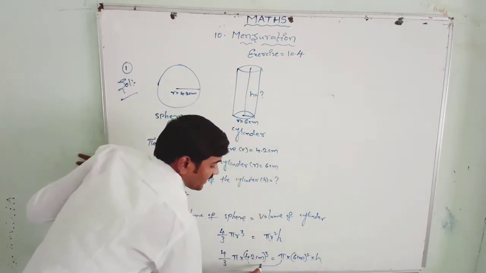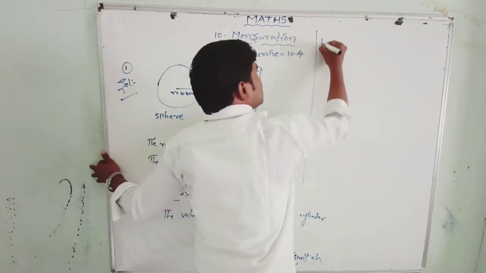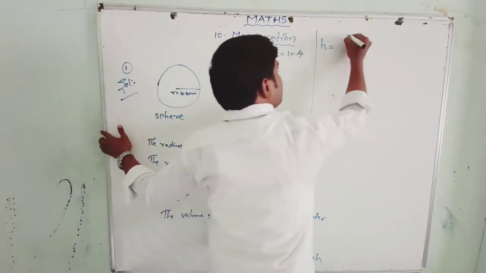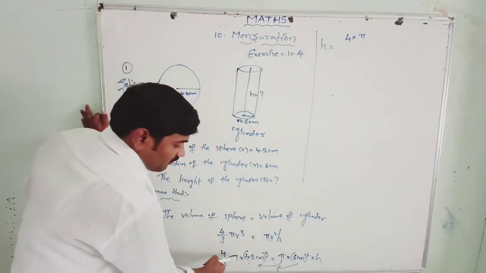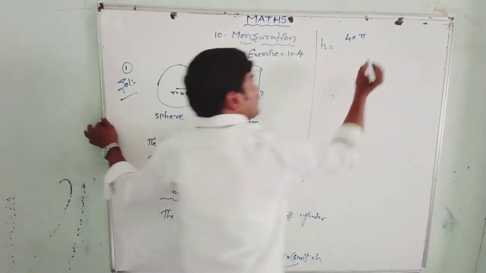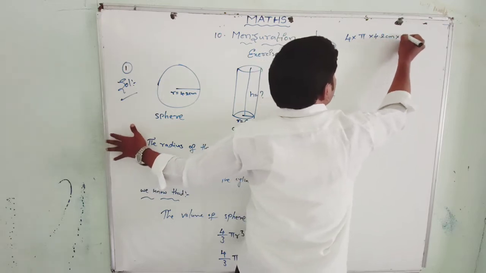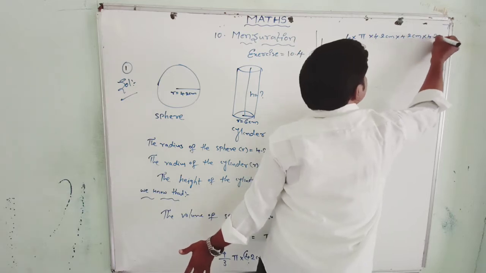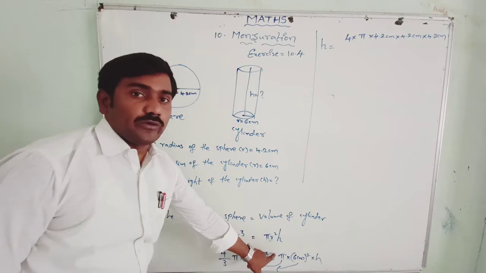So this pi and 6 centimeters will transfer this side. So h equals, what will we have here? In the numerator, 4 into 4.2 centimeters into 4.2 centimeters into 4.2 centimeters, because 4.2 centimeters whole cube is here.